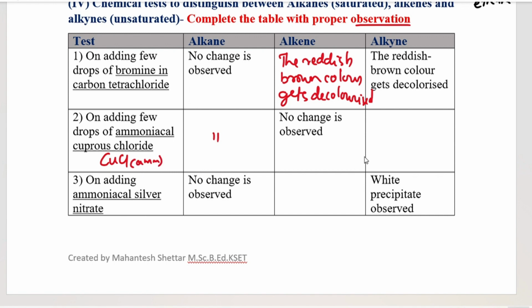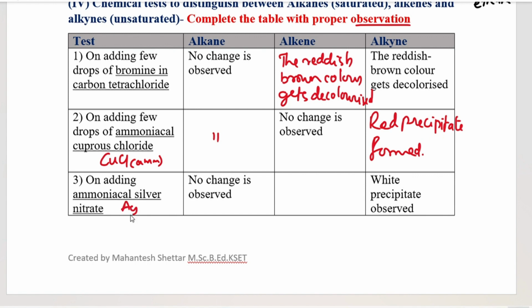What happens here for alkyne? You will observe a red precipitate formed. The copper will go and add across the carbon-carbon triple bond. It's called copper alkylidene, but that's not important. Observation: red precipitate is formed.